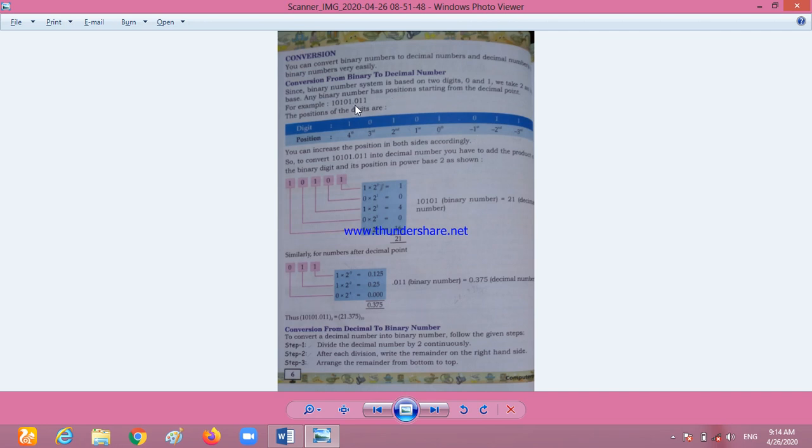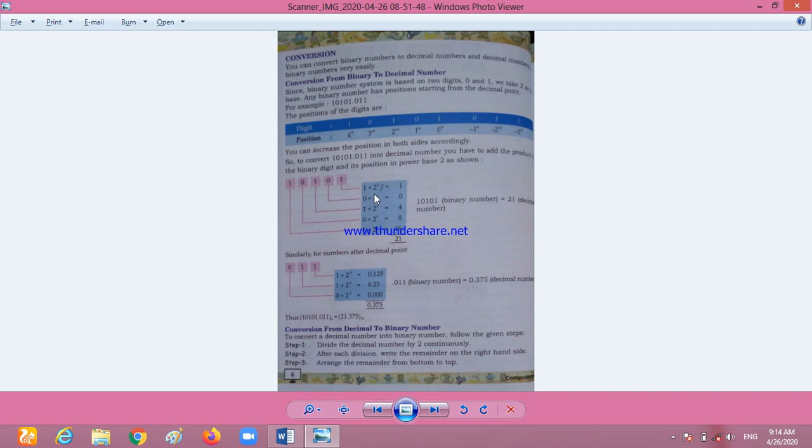But if we have any number after the dot, for example 0.011, then we start with -1 after the dot, then -2 and -3, and then we write the same positions for the number before the point, 10101. How can we convert the binary number into a decimal number?